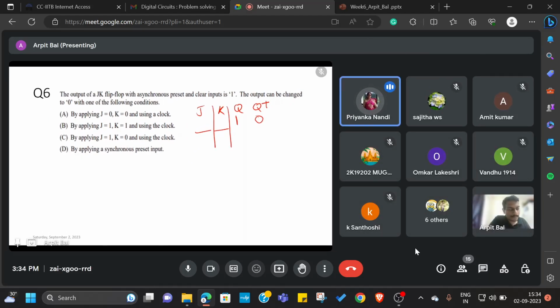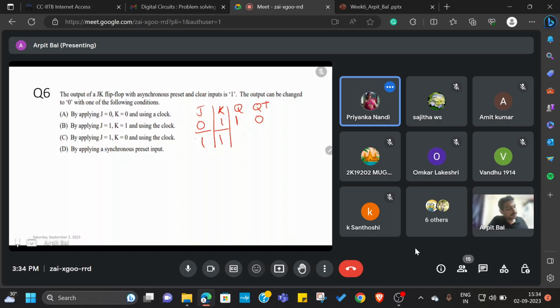J equals 0 and K equals 1. Okay, is there any other possibility? If both are 1, 1. Okay, yes, that is also a possibility.